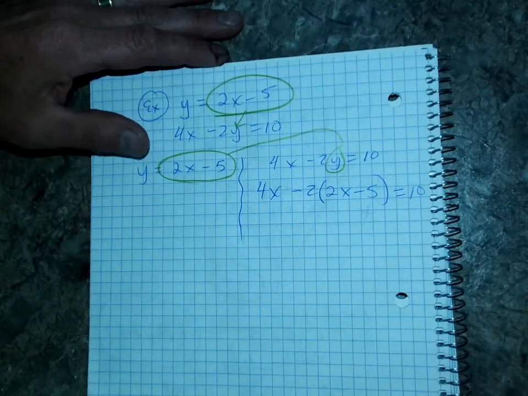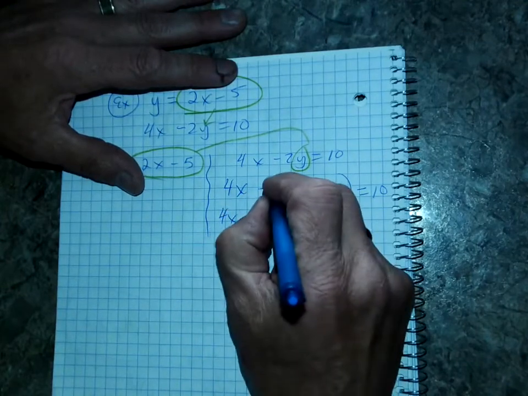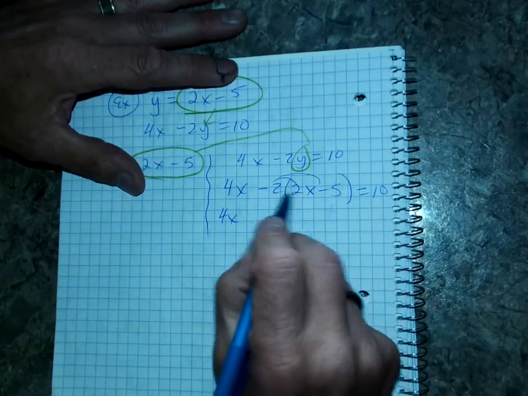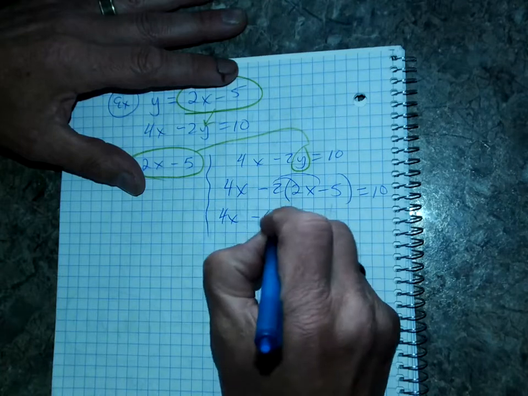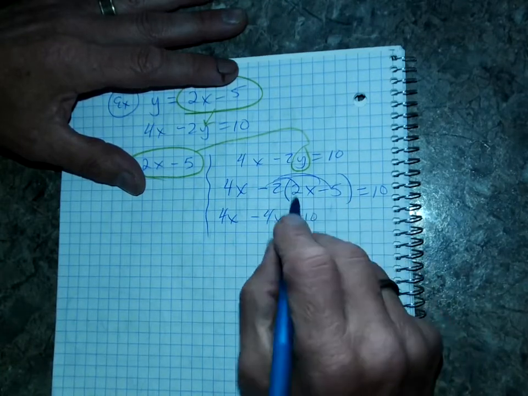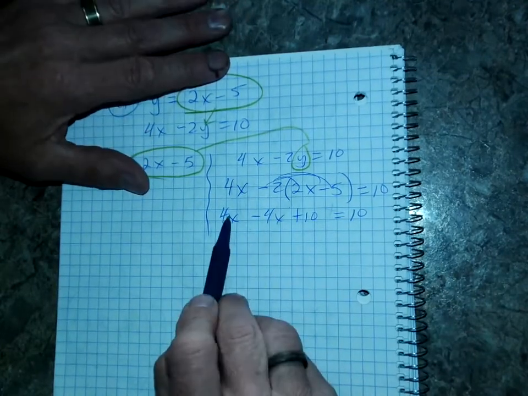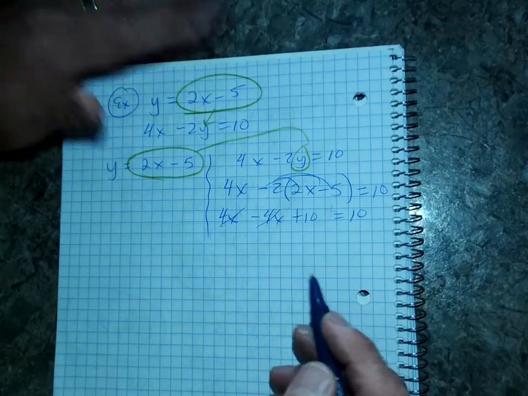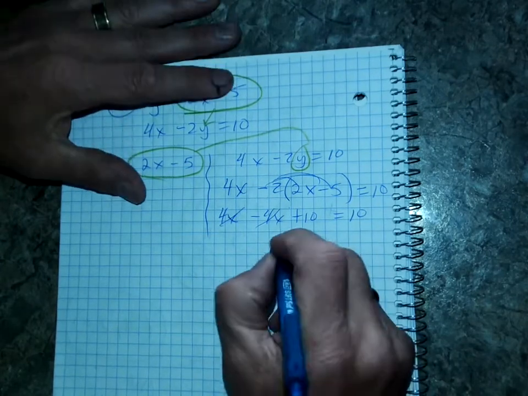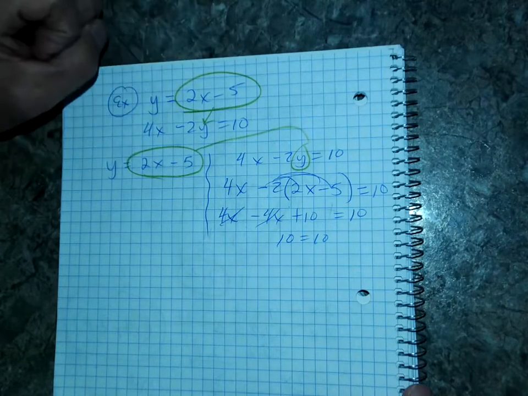Now I can solve for x. Let's just do some math. 4x, distribute: negative 2 times 2x makes negative 4x. Negative 2 times negative 5 is positive 10, equals 10. 4x minus 4x. Wait a minute, there are no x's. And I get 10 equals 10. Wow, no x, so I can't solve for x.